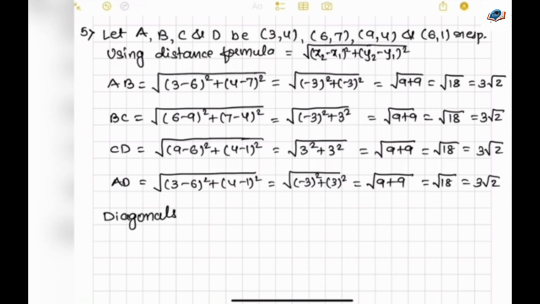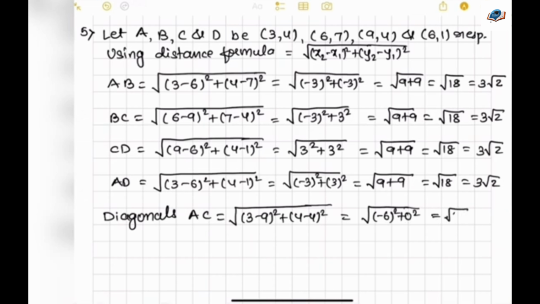Now let us check diagonals. Diagonal AC will be equal to 3 minus 9 whole square plus 4 minus 4 whole square. So that will be minus 6 square plus 0 square. So root 36, so that is equal to 6.